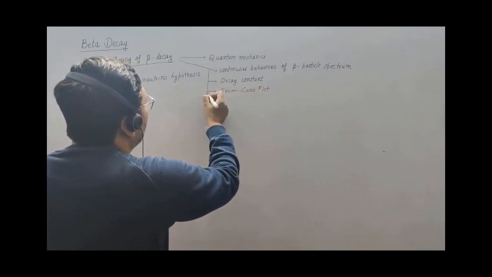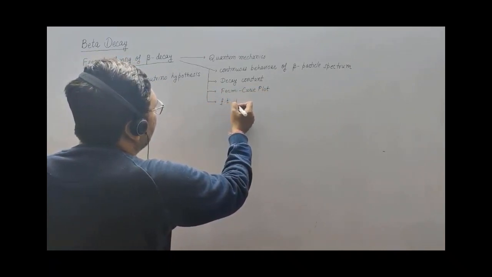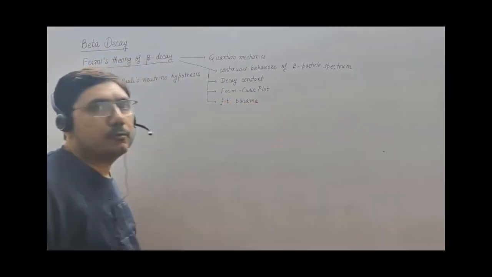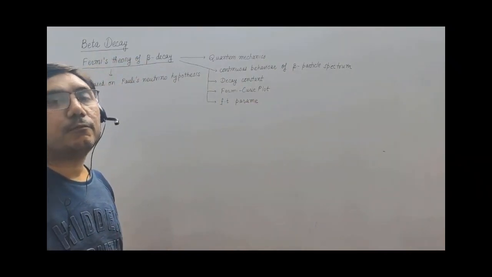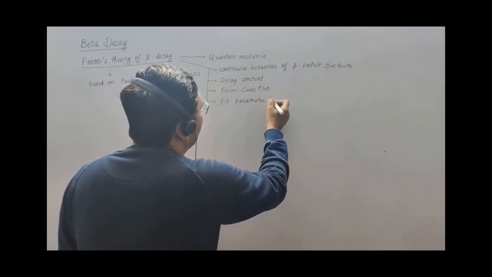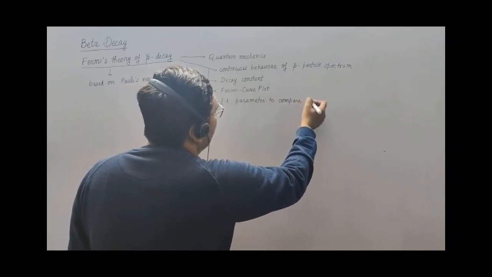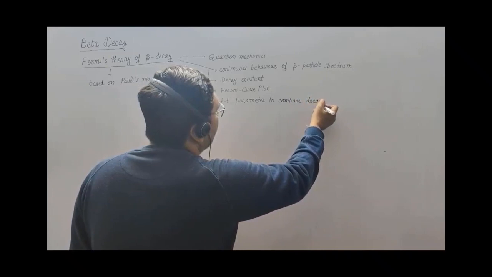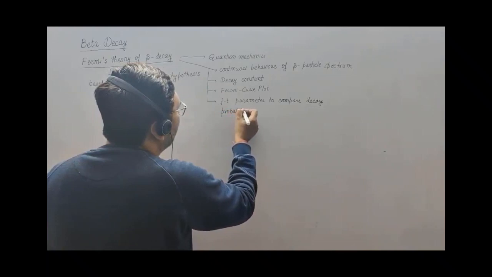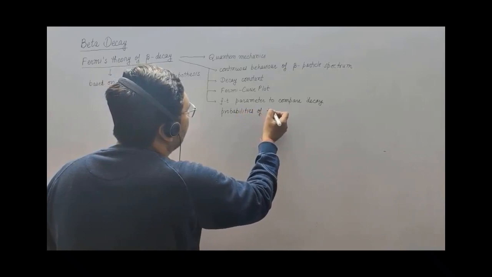And in the last, he found the FT parameter, to compare the decay probabilities of two nuclei.